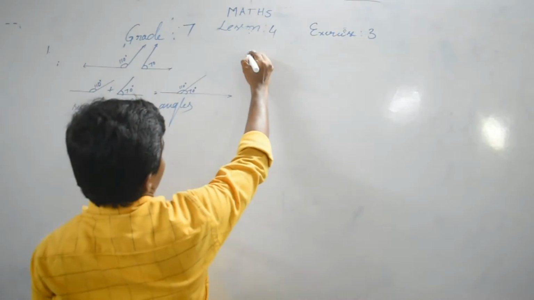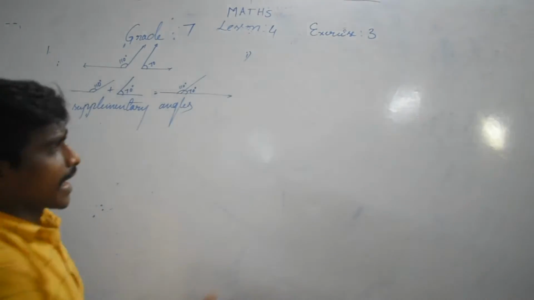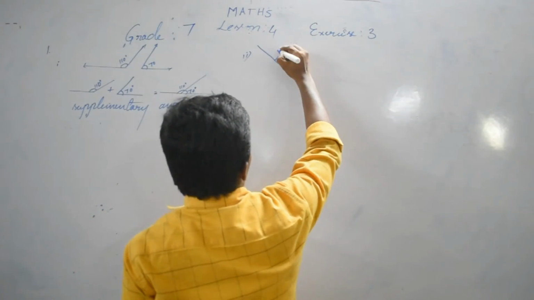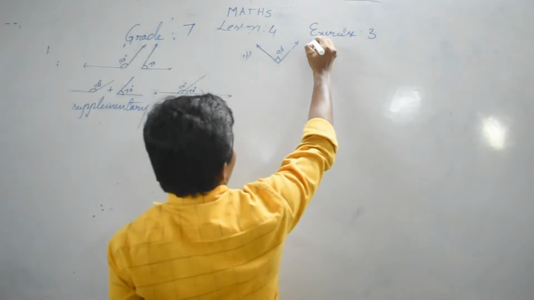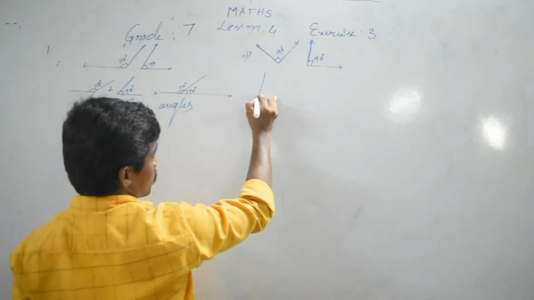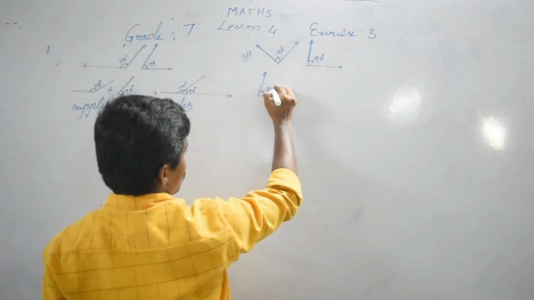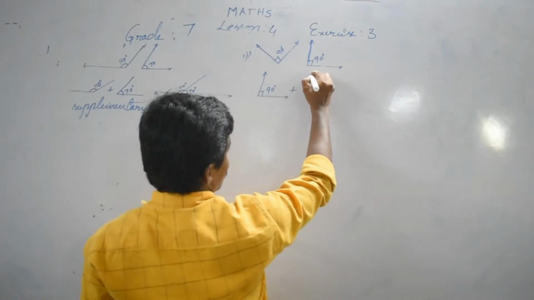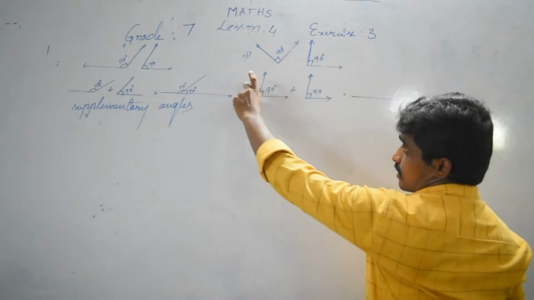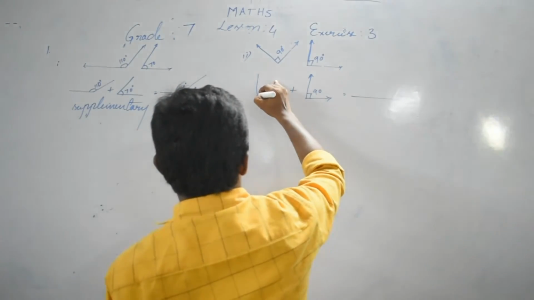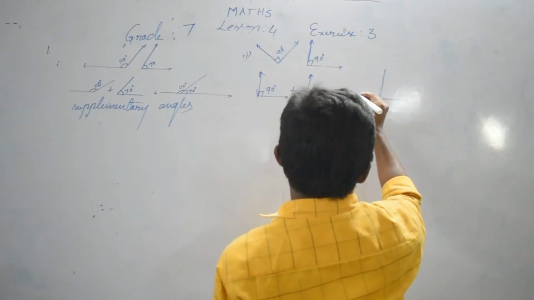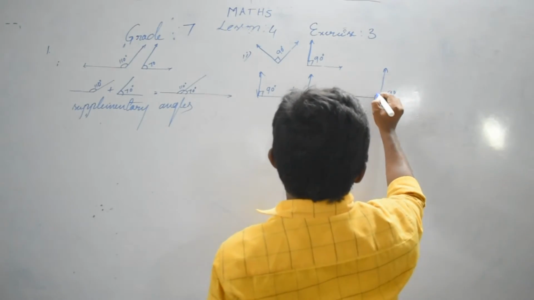Next one, 90 degrees here, 90 degrees. So see, 90 degrees plus 90 degrees is equal to 180 degrees, as in this picture.